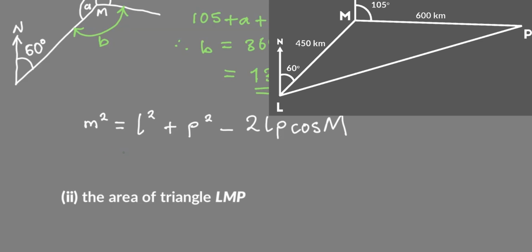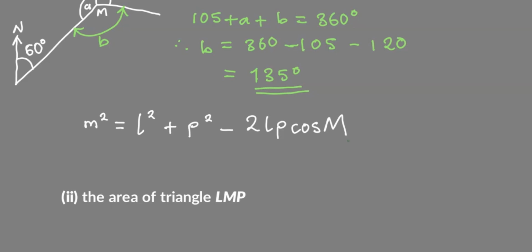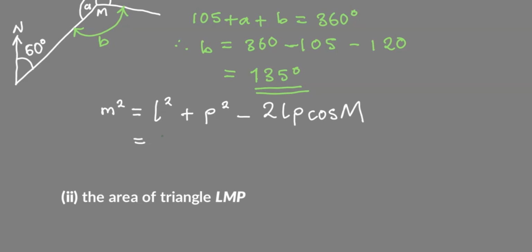Then we're going to substitute the values that we have, the value of L, P, and the value of the angle at M. Notice, for this question, the main difficult manipulation was realizing that you need to use the interior angle of a triangle. The distance L is 600. We're going to square it.